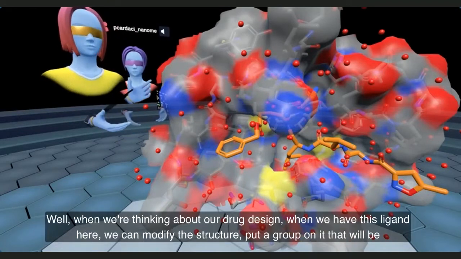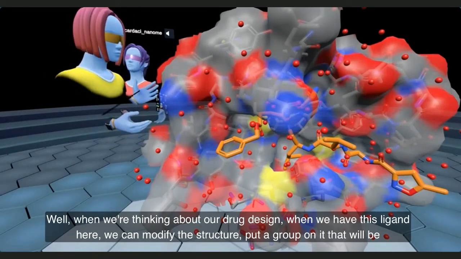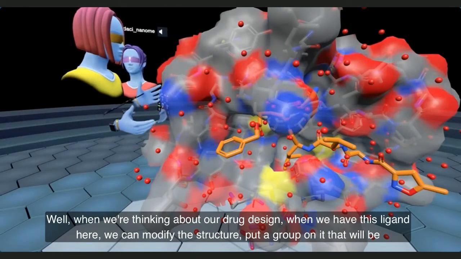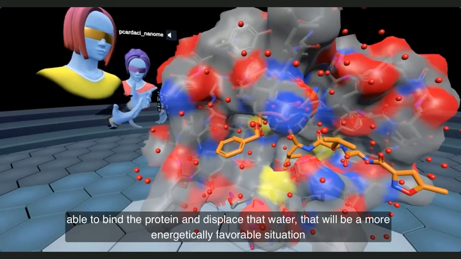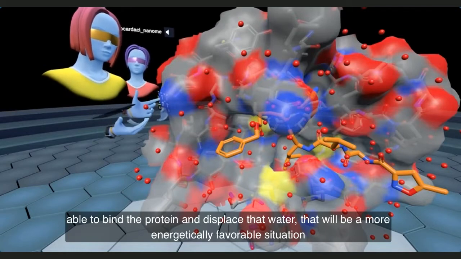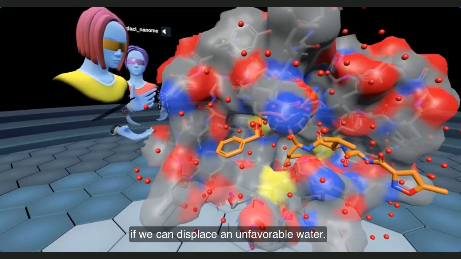Well, when we're thinking about our drug design, we have this ligand here. We can modify the structure, put a group on it that will be able to bind the protein and displace that water. That will be a more energetically favorable situation if we can displace an unfavorable water.